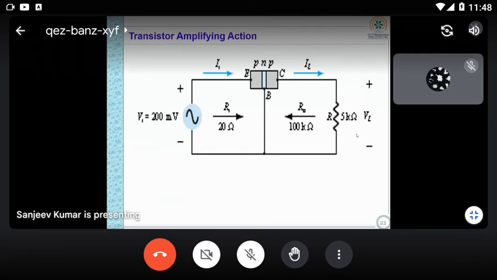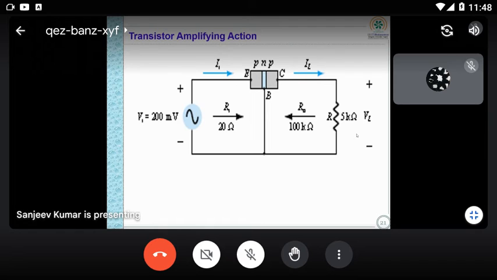Anyone can do this? Simple. What happened?